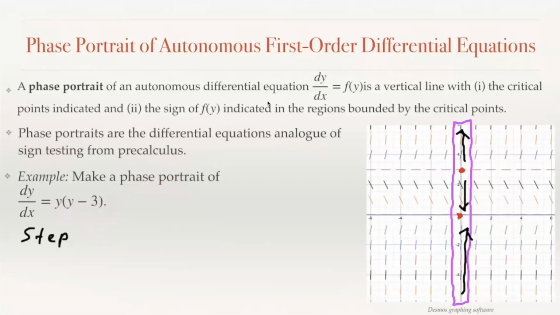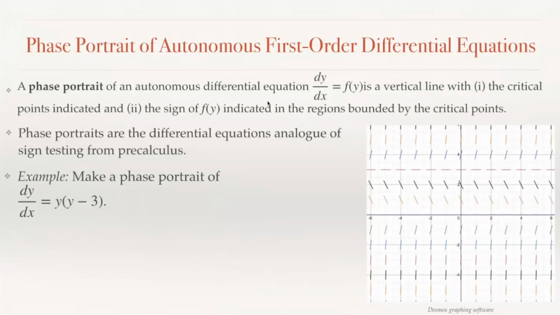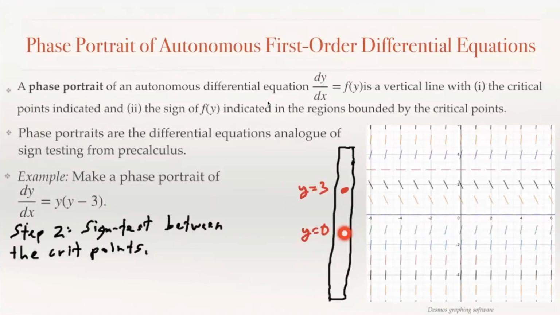In making a phase portrait, step 1 is to find the critical points. We already found on the previous slide that they are y equals 0 and 3. Step 2, we sign test between the critical points. So we begin making our slope field algebraically like this. We have found the critical points, we'll denote those.